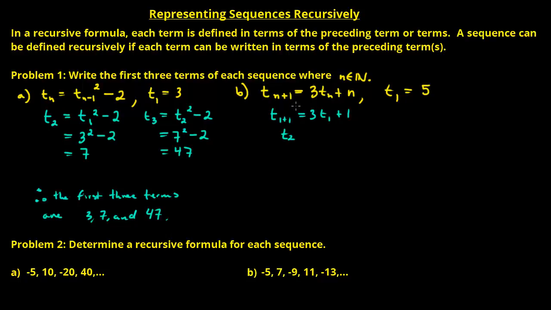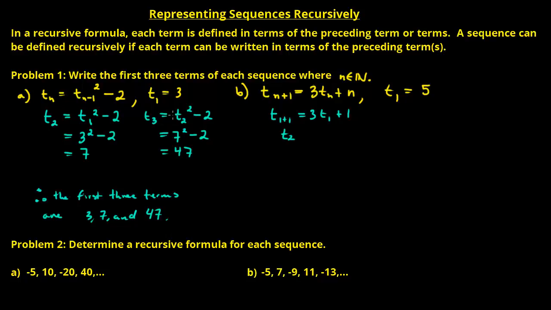So that's something really important to note, the difference between these two formulas. Here I have the next term defined in terms of the current term number, whereas in the first I've got the current term number defined in terms of the preceding term number.